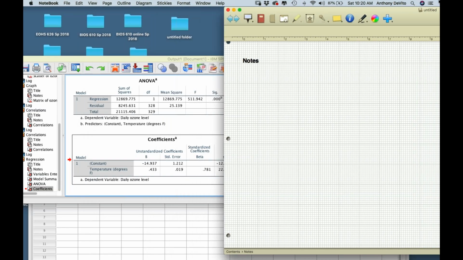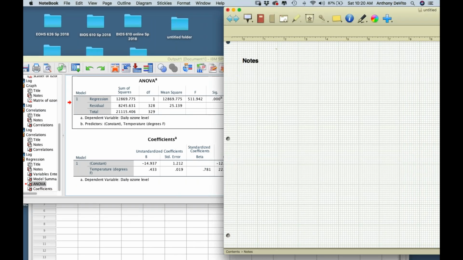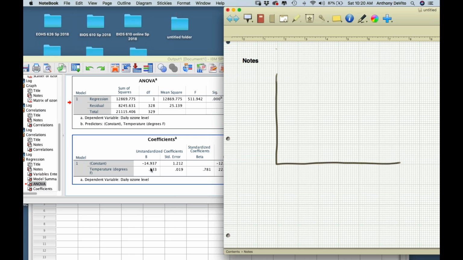So let's draw our graph. What do we have here? We have an X and a Y axis, and on the X axis we have our independent variable. That's our temperature, the one that we're using to predict the other.